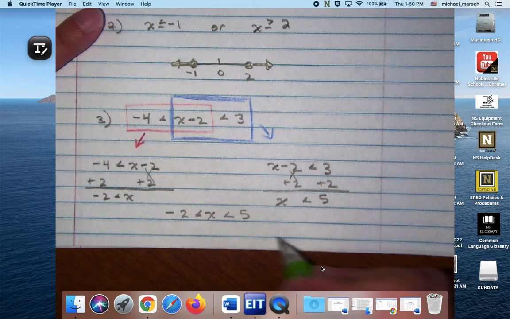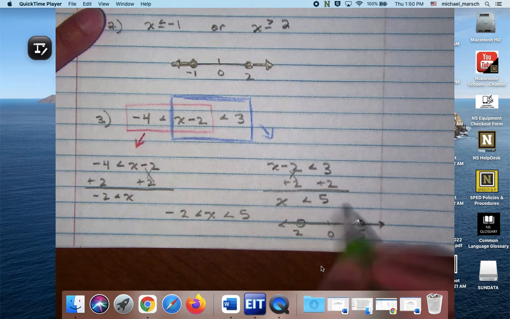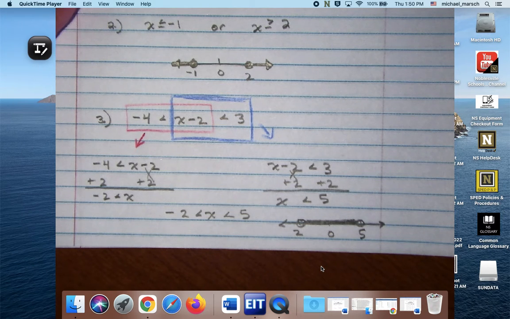And then I'm going to graph that down here as best I can. Not going to be super pretty because it's kind of stuck in here. Notice I have open points on both spots. So what that means mathematically is that any value between -2 and 5 will work for that inequality.